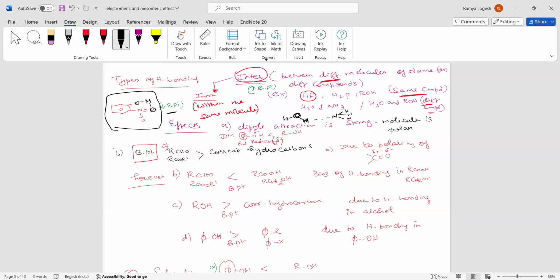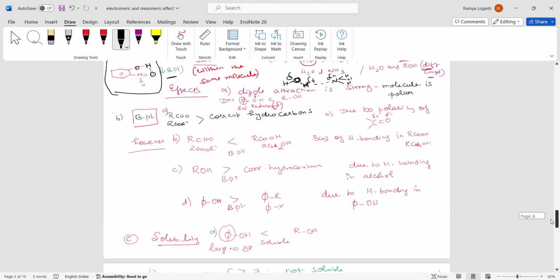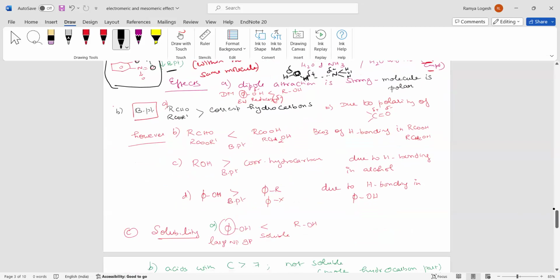Okay. Dipole attraction. What are the effects of it? Dipole attraction is very strong, yes or no? Yes. Dipole attraction here, delta plus delta minus, is very strong. The molecule is becoming very polar, isn't it? Look at phenol versus alcohol.